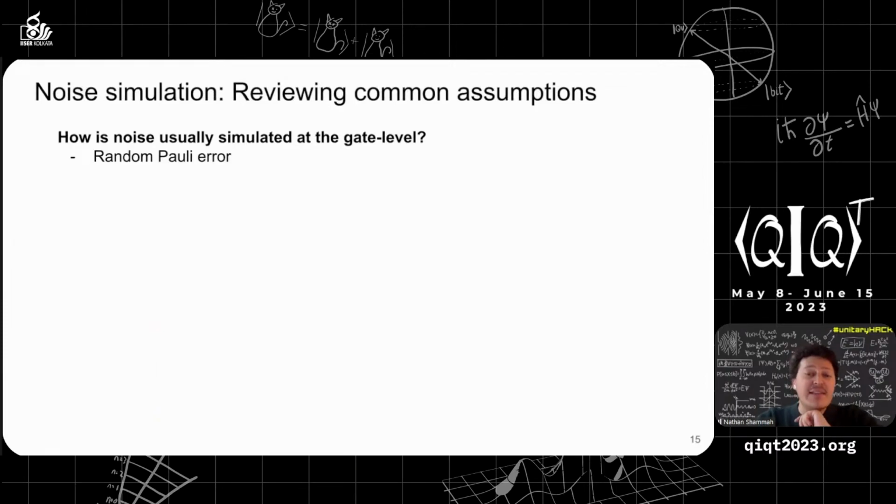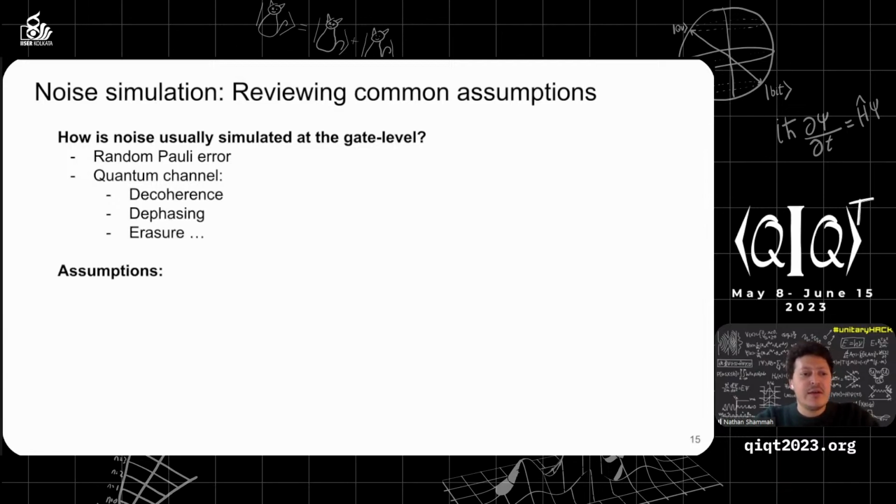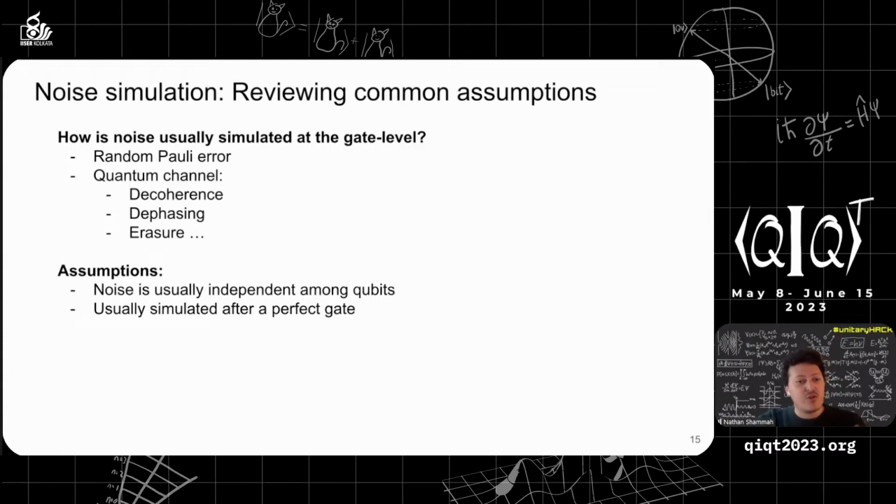So at the gate level, usually noise in quantum programs can be simulated with random Pauli errors. At the quantum channel level, which is a bit more general, one can also have models for decoherence, dephasing, erasure. And some assumptions are that noise is usually independent among qubits, but as we've seen, for example, in the case of correlated noise, this is not always the case.